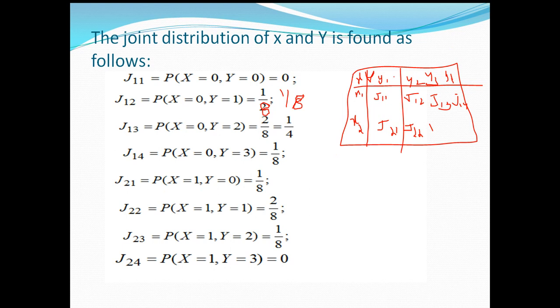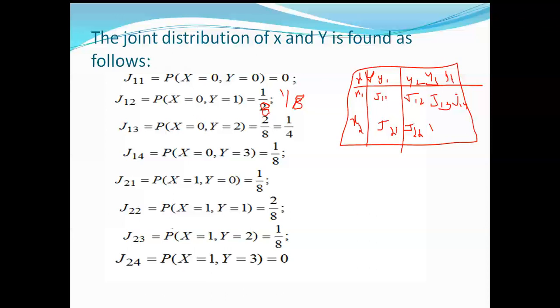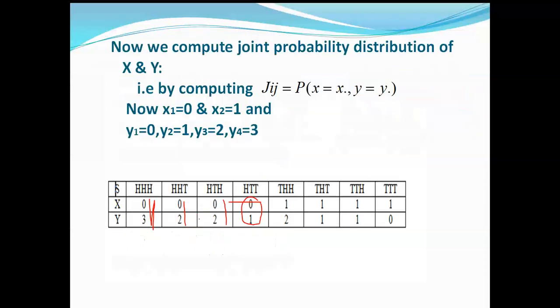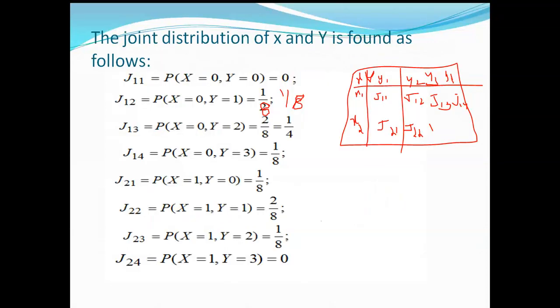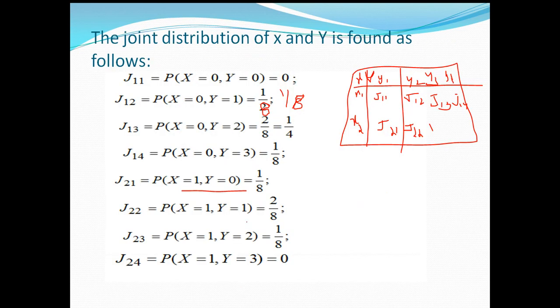So x is equal to 1, y is 0. I'll move back again. I want x is equal to 1, y is equal to 0. So x is equal to 1 and y is equal to 0 is one possible case out of 8 possibilities. So therefore, that is 1 by 8.